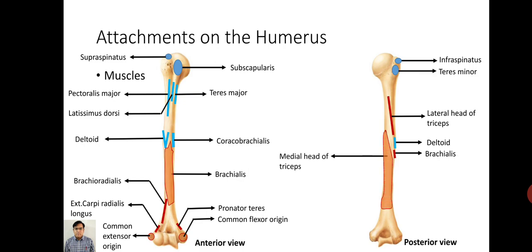So this is the origin of the medial head of triceps, and this is the origin of brachioradialis. Then this is the origin of extensor carpi radialis longus, and the posterior surface of the lateral epicondyle gives origin to anconeus. So this is the origin of anconeus. So this is all about the muscular attachments.